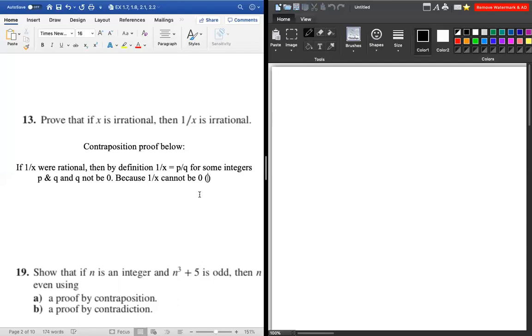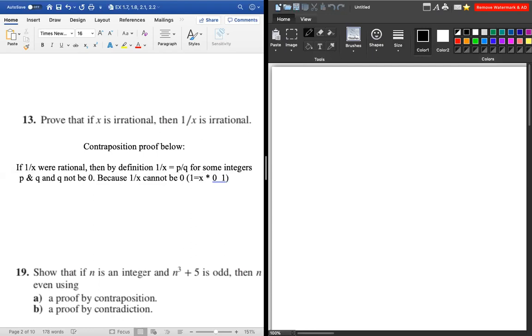Otherwise we would be able to say 1 equals x multiplied by 0, and if anything multiplies by 0, it becomes 0, right?